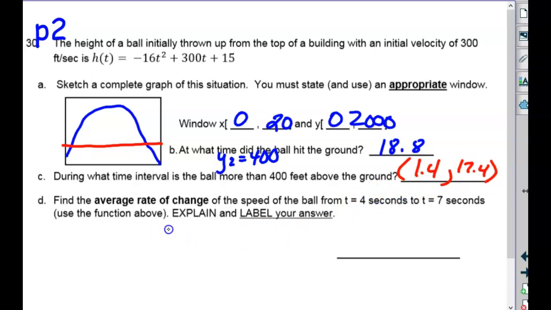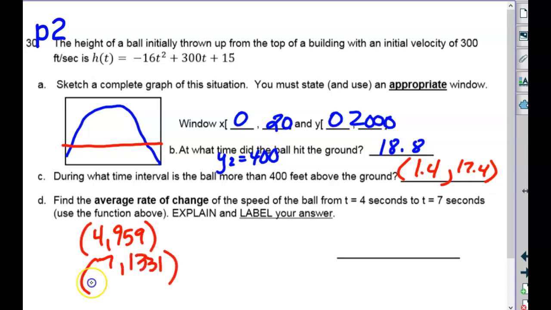Average rate of change from 4 to 7. The ordered pair for 4 is 959. And the ordered pair for 7 is 1331.